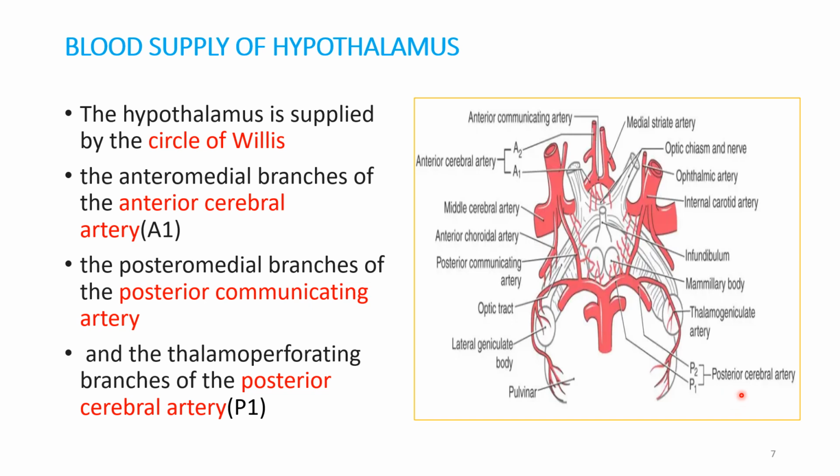So the blood supply is from the anterior cerebral artery A1, the anteromedial branches, the posterior communicating artery posteromedial branches, and P1 from the posterior cerebral artery, the thalamo-perforating branches. From here A1, from here the posterior communicating artery and from here P1. Here you have the thalamus.